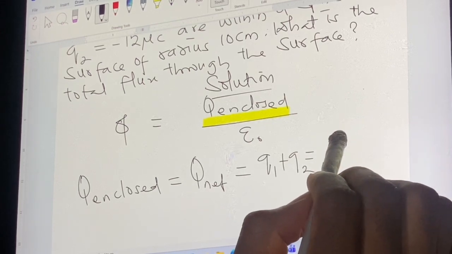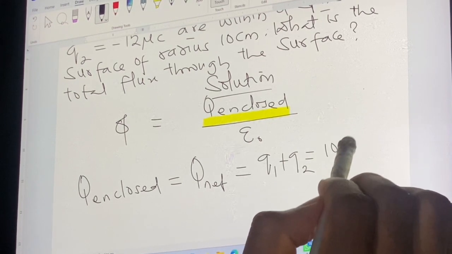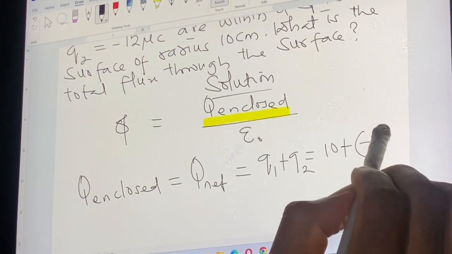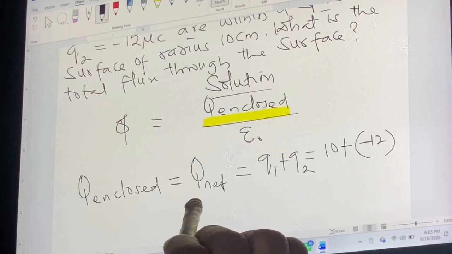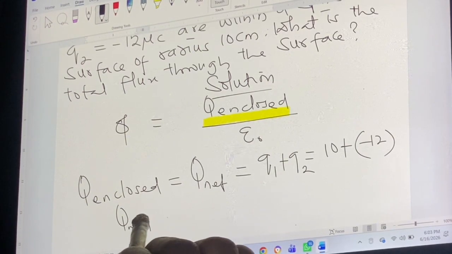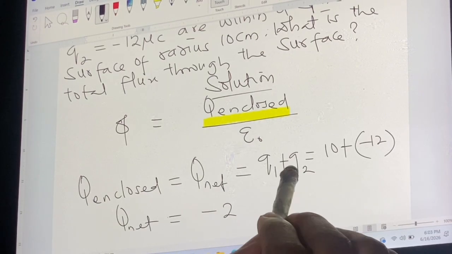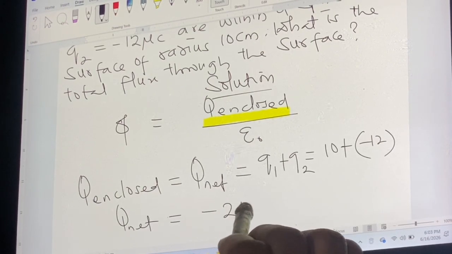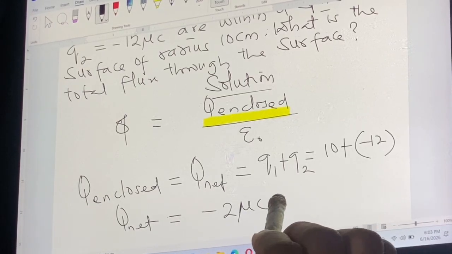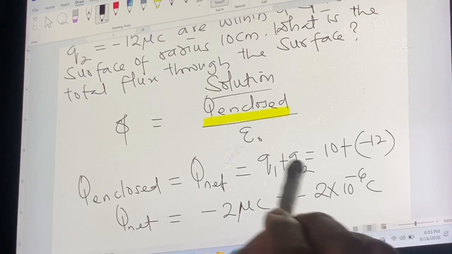So our Q1 here is 10. Plus times minus is minus, that is plus, minus 12. So our answer here, class, our Q net here, which is the total here, will be equal to class minus 2, and the unit there is microcoulomb, don't forget. Which is the same thing as minus 2 times 10 raised to the power of minus 6 coulombs.